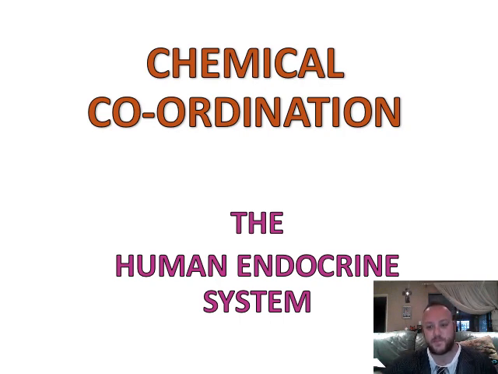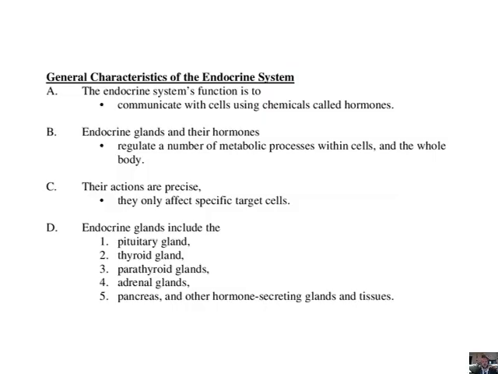So let's begin. It's got a quick little introduction for you guys. We're going to talk about the general characteristics of the endocrine system. I really just want to point out one thing: hormones, the chemicals called hormones. We'll go over what hormones are again, but I hope you all remember that it's these chemical messengers that cause the body to respond in a very specific way, and when you respond in those very specific ways, the body is able to function.